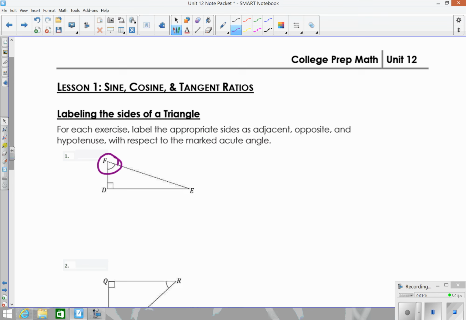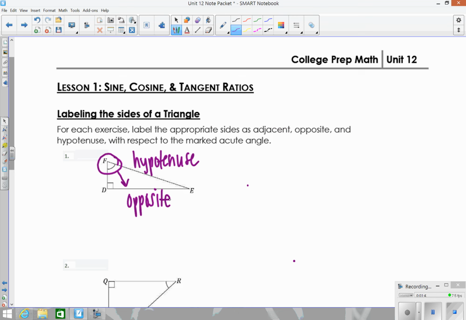When I look at angle F, the first thing I always look at is the hypotenuse, because the hypotenuse is always across from the right angle. So I know that this has to be the hypotenuse. And then the other two sides, opposite and adjacent, come from angle F. I have to go opposite or across from angle F, and that's the opposite side.